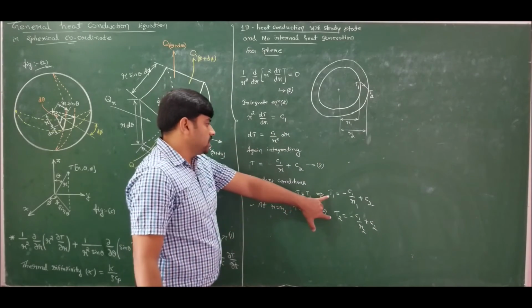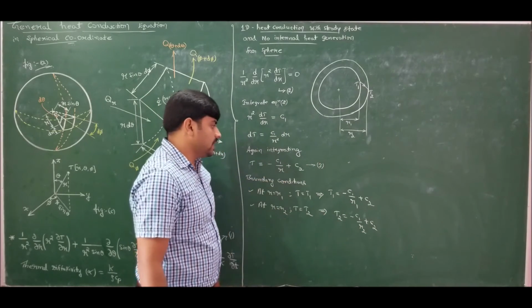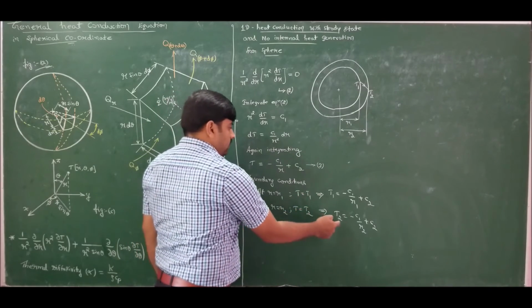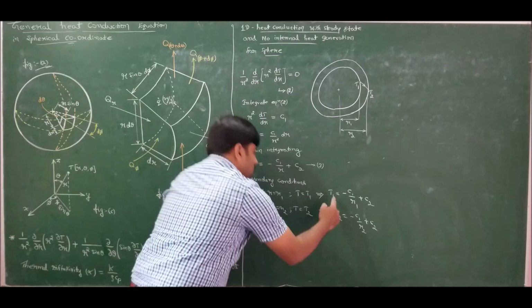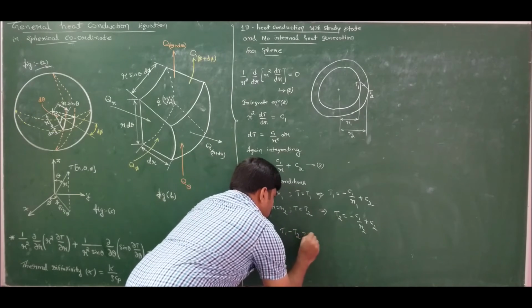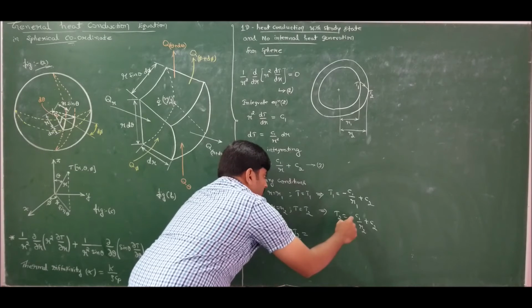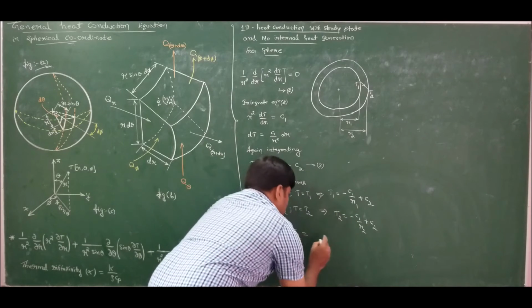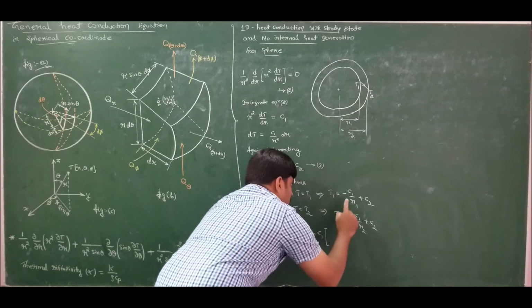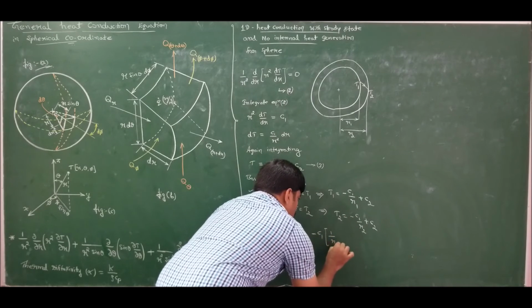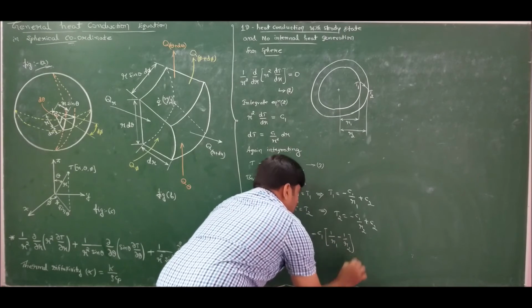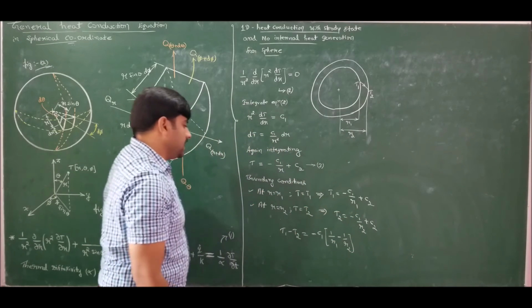Now solve these two equations for two unknowns C1 and C2. To determine that, let me take the difference T1 minus T2. So if I do so, I will get T1 minus T2 is equal to, I will take minus C1 common. If I take minus C1 common, I am left with 1 by R1 minus 1 by R2, plus C2 minus C2 will get cancelled.